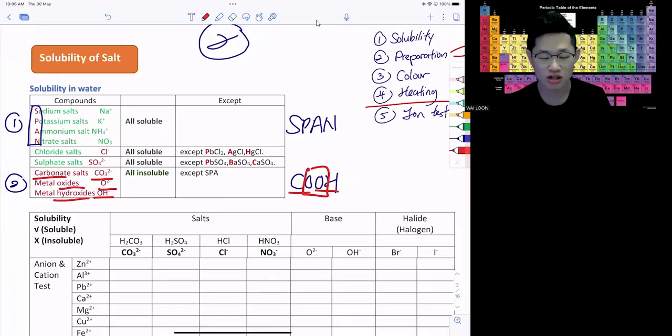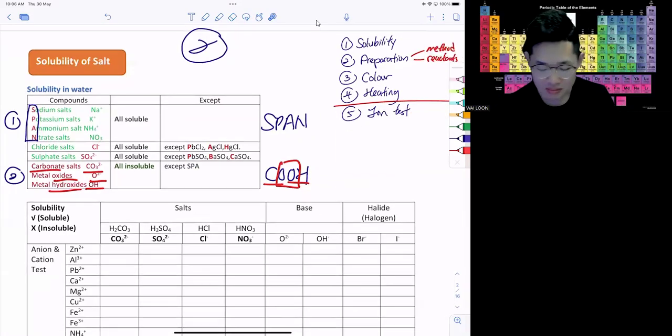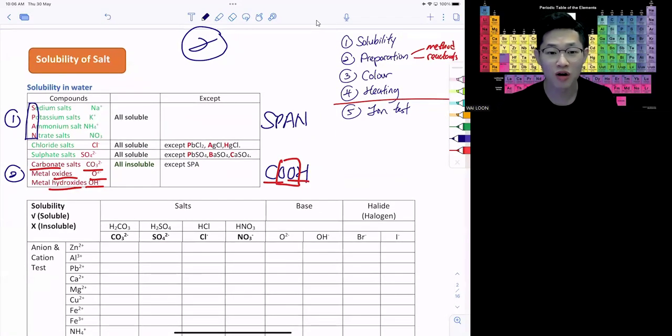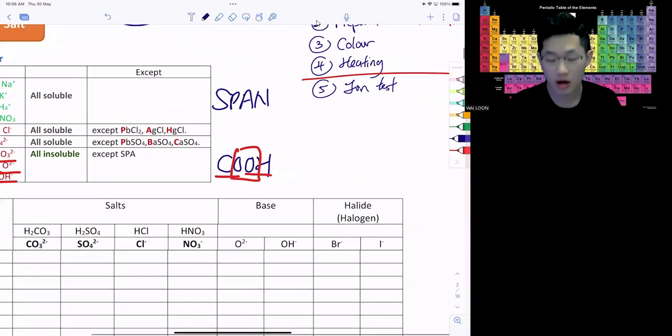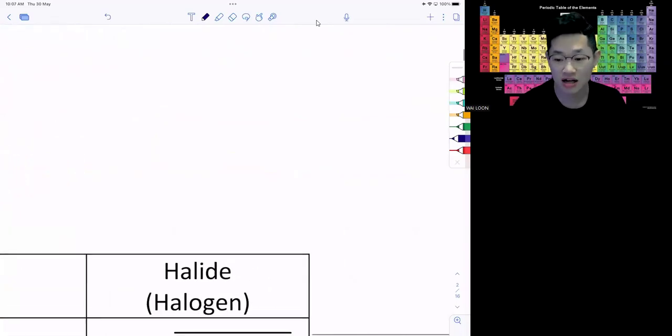So CO, O, OH: they are all insoluble. Here it says except SPA, but actually I think it's not important to remember that, as long as you follow the sequence.